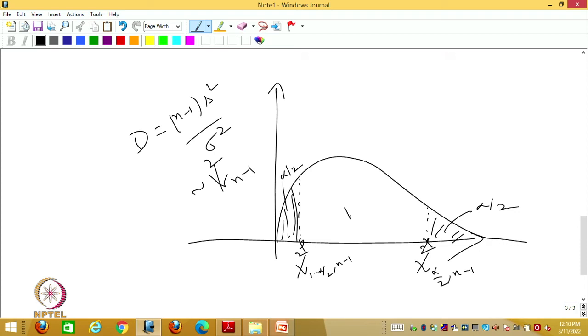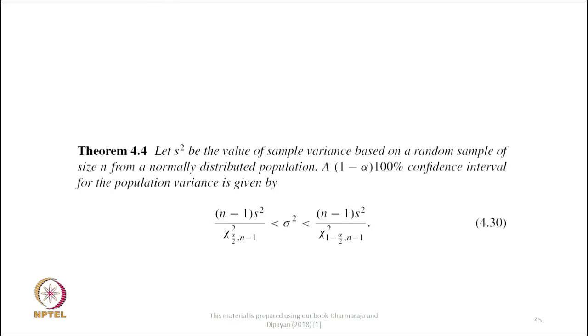Basically, if I denote a point as chi-square of alpha by 2 comma n minus 1, that means to the right of that point the probability is alpha by 2. That is it.